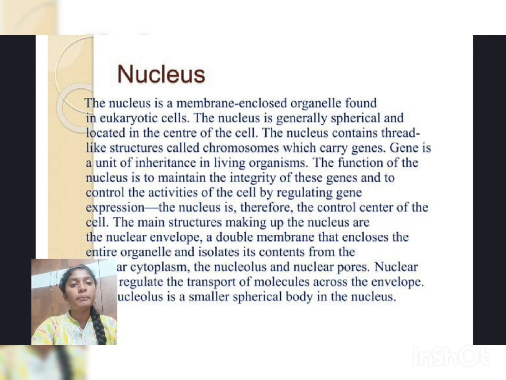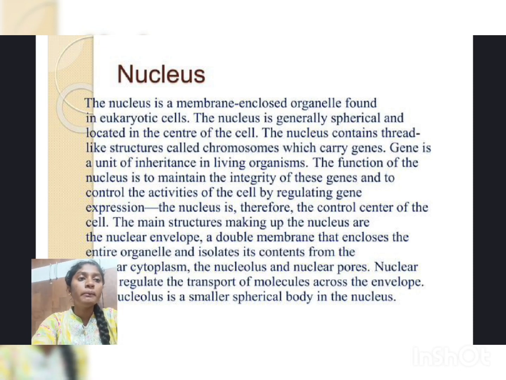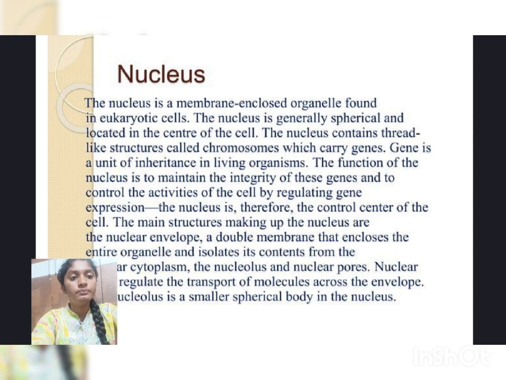The main structures of the nucleus are nuclear envelope, nuclear pore, and nucleolus. Nuclear envelope: double membranes that enclose the nucleus and isolate nuclear contents from the cytoplasm, and the nuclear pore regulates transport of molecules across the nuclear envelope. Nucleolus: smallest spherical body within the nucleus.